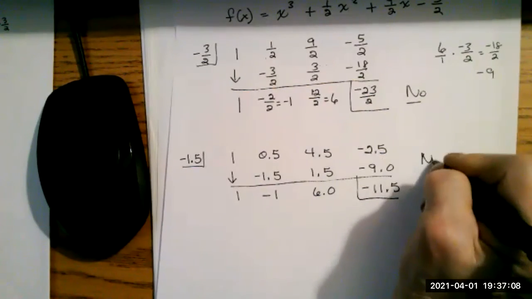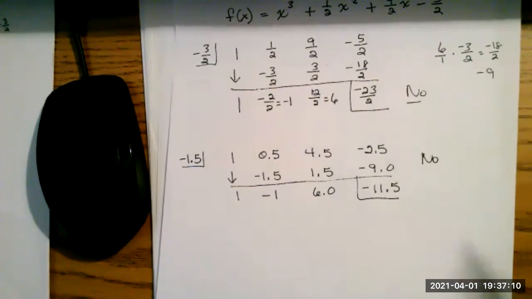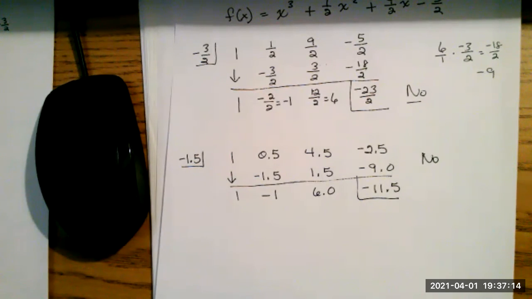So either way you do it, and 23/2 is the same as 11.5, your answer is going to be no, because that last remainder is not a 0. So it's not a 0 of the function.